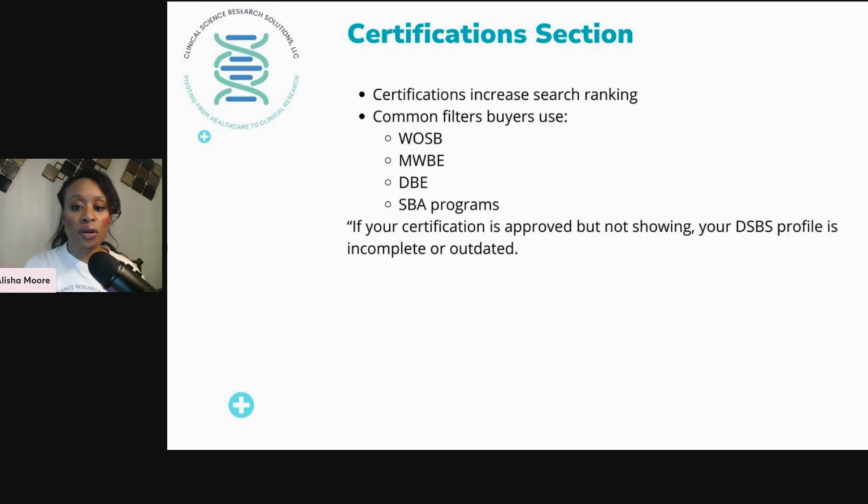Because again, if you don't remember me saying, or if you haven't watched my previous videos, the government has mandated for corporations, Fortune 500 corporations, to set aside contracts or to set aside money to do business with minority-owned business owners and those that have that certification.